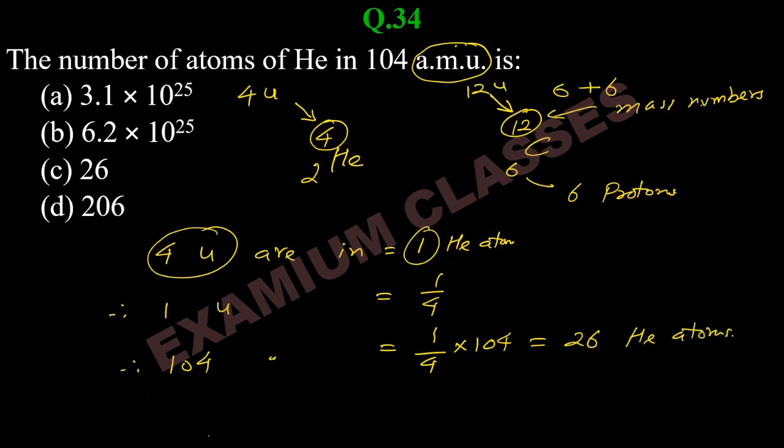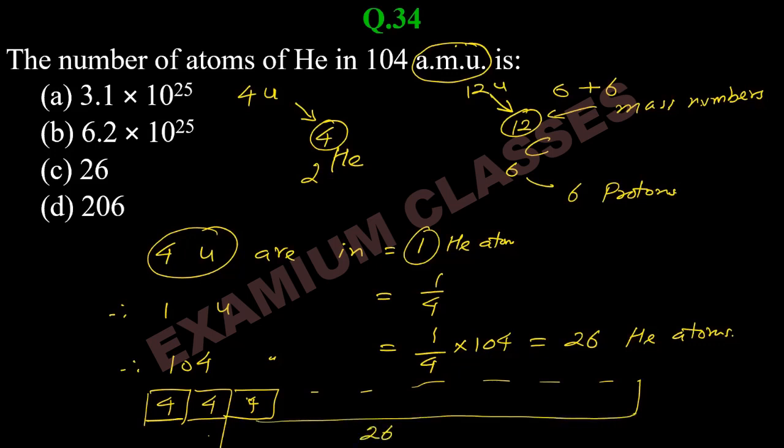You can understand it like this. One helium atom has 4 units. 2 helium atoms will have 8, 3 will have 12, and something like that. Total will be 26, and 26 fours you will have 104 units. So there will be total 26 atoms, each atom having 4 units.